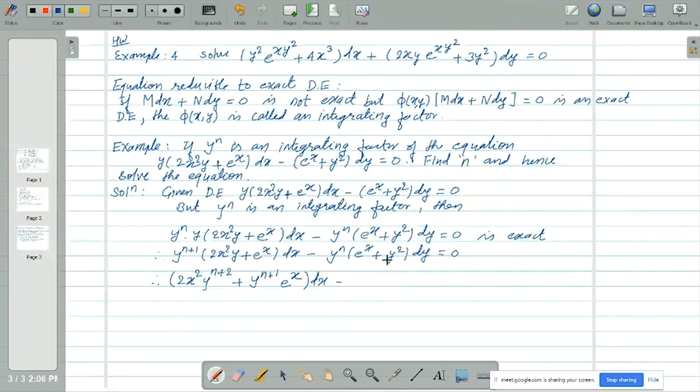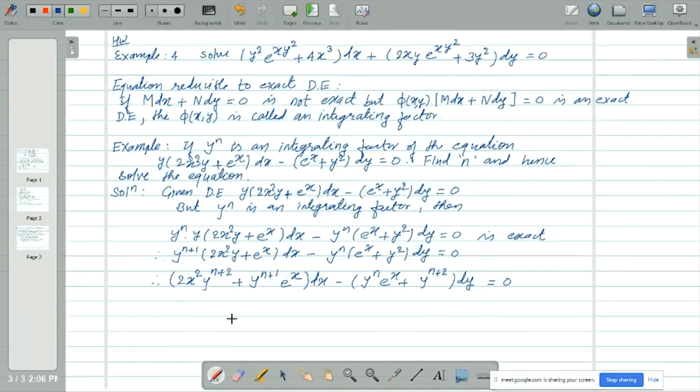Multiply the other also inside the bracket: this becomes y raised to n e raised to x plus y raised to n plus 2, and dy equal to 0.